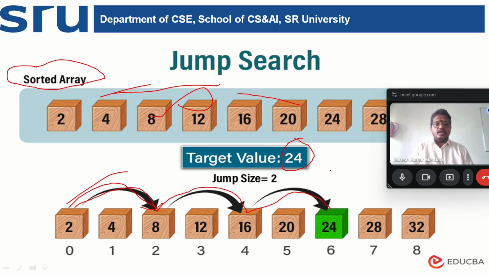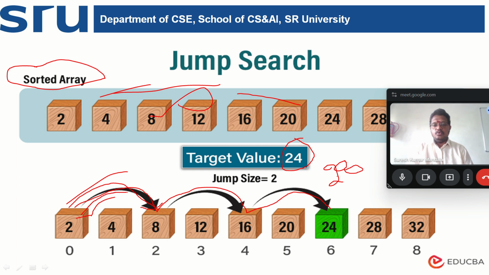Sir, we may get one doubt: what if the target value is 28? Now we will see what happens if the target value is 28. We jump skipping one element, and the starting element is 2.